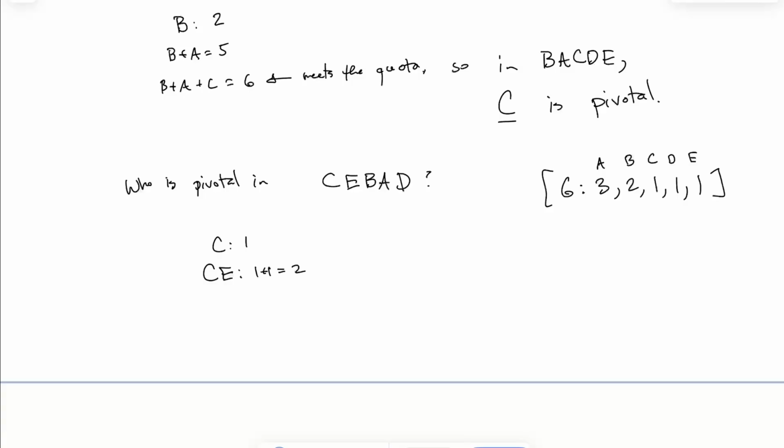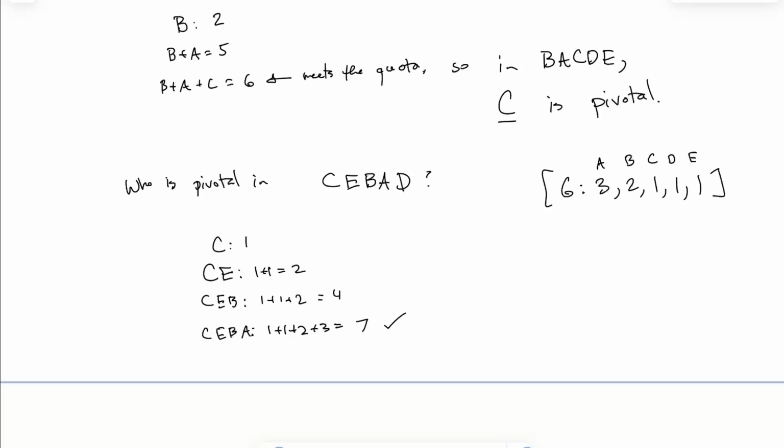I hope everybody sees what I'm doing. I'm taking from the beginning, as you go, you add them up. So this is 1 first, and then 1 and 1 is 2. CEB would be 1 and 1 and 2, because B is 2. That's 4. Still not making it. Then CEBA, this would be 1 and 1 and 2 and 3.